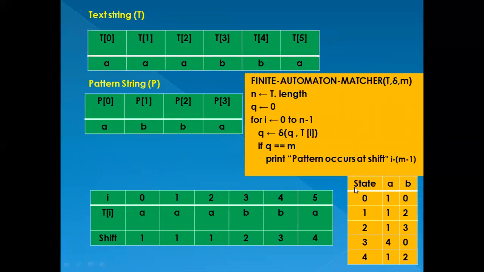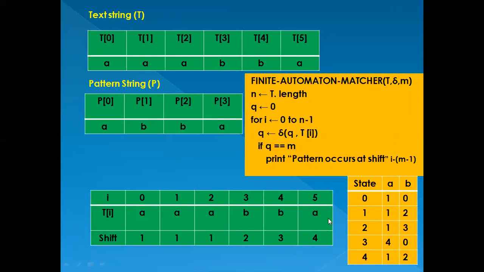Delta is nothing but the state transition that we've already computed in the pre-processing step. So this is the input to the matching step. Here I runs from 0 to N minus 1. Since the text string length is 6, it will run from 0 to 5. Q is initially 0.